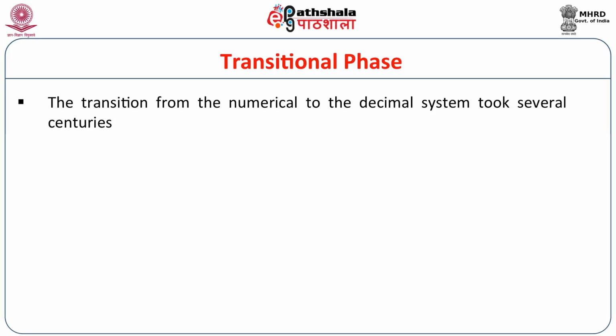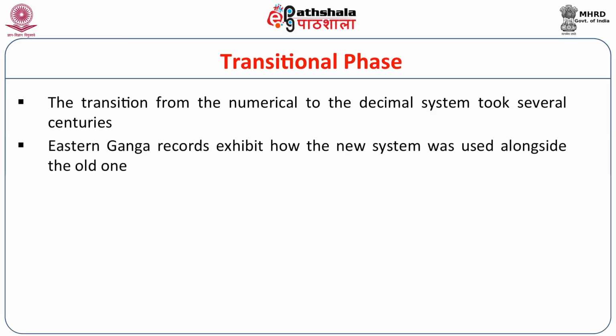If we say that the decimal system was used in the 6th century Common Era, then it took at least 3-4 centuries to comprehend the system and to get it used in inscriptional literature. The Eastern Ganga records exhibit how the new system was used alongside the old one.